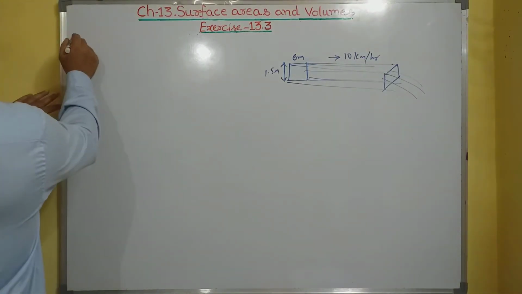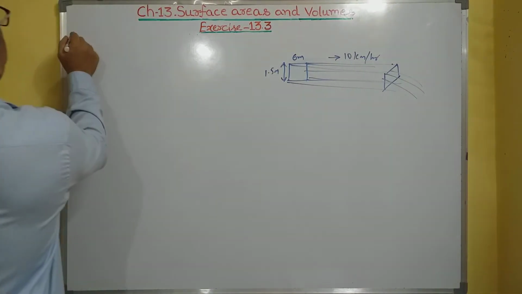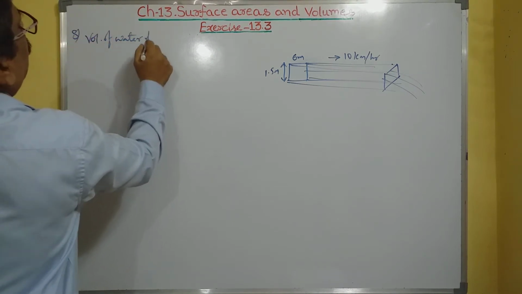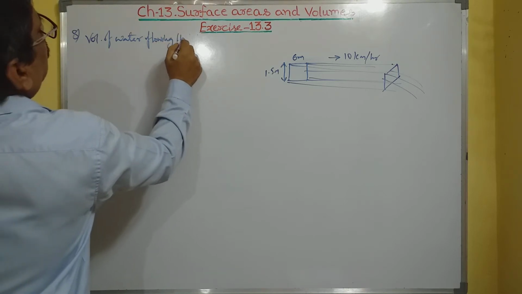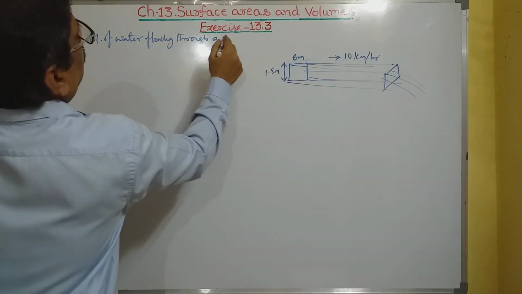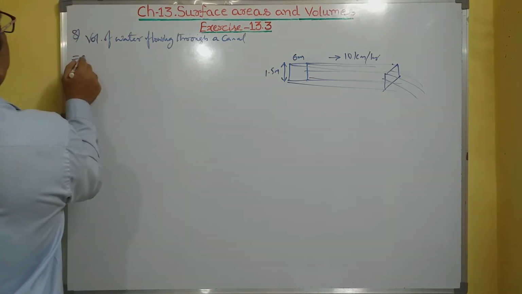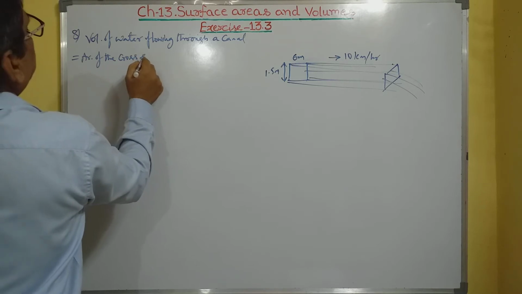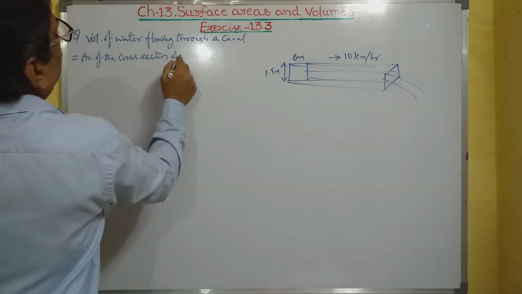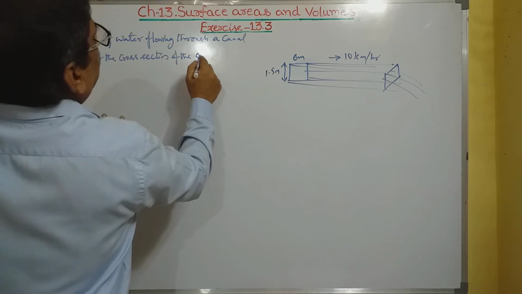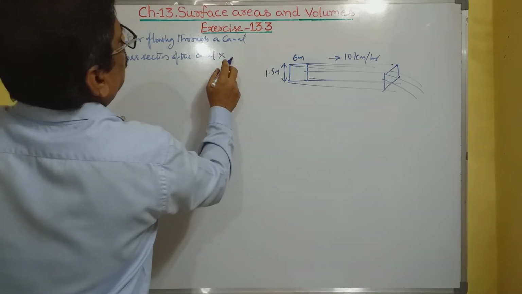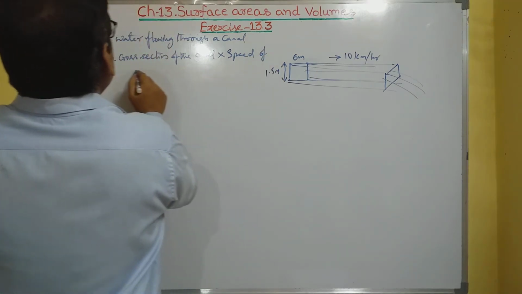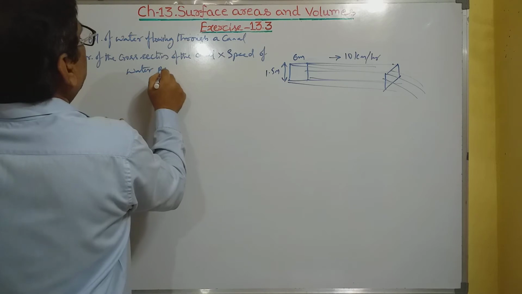Now I will tell you one formula. Volume of water flowing through a canal is equal to area of the cross section of the canal into speed of water per hour.